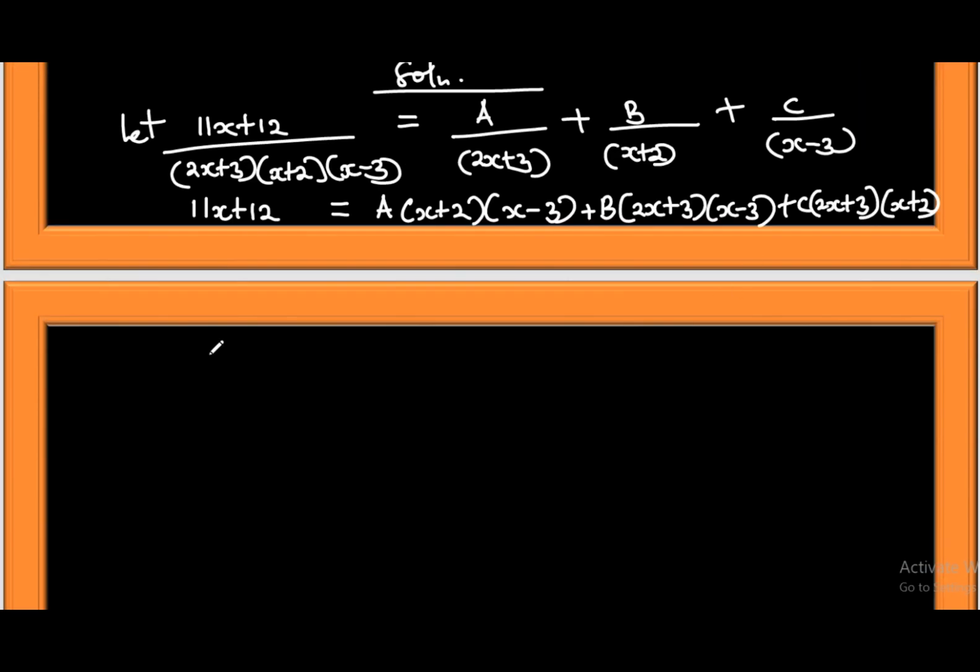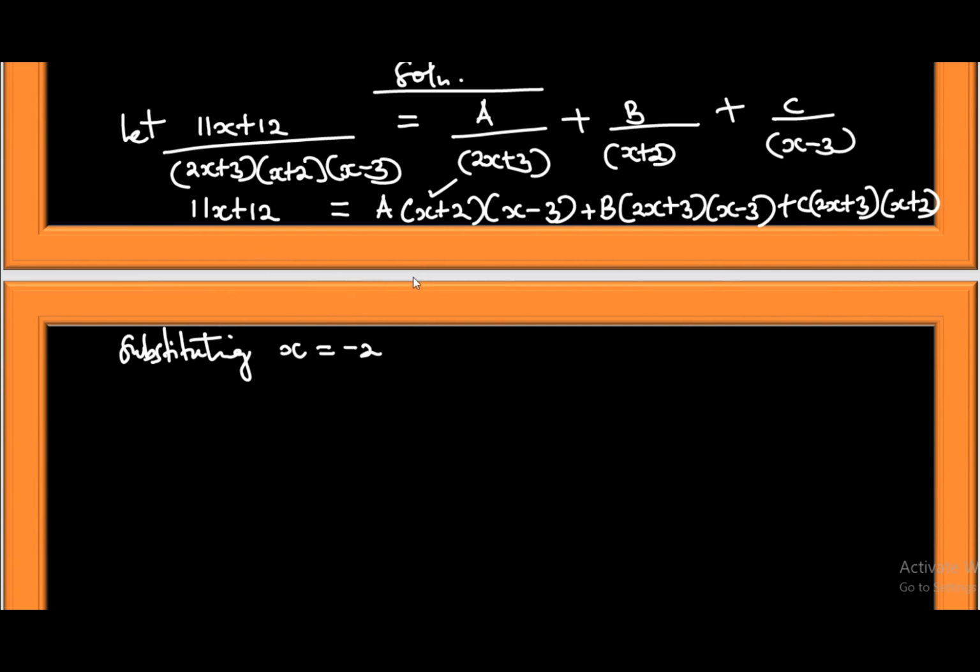We begin by considering the first factor, which is x plus 2. When we equate this factor to 0, it gives us x equals negative 2. That means we substitute x equals negative 2 on the left-hand side and on the right-hand side, making sure you place negative 2 in the place of x.